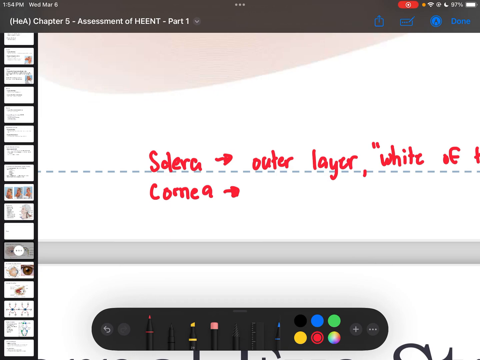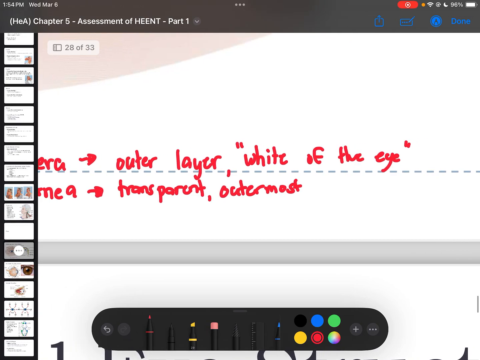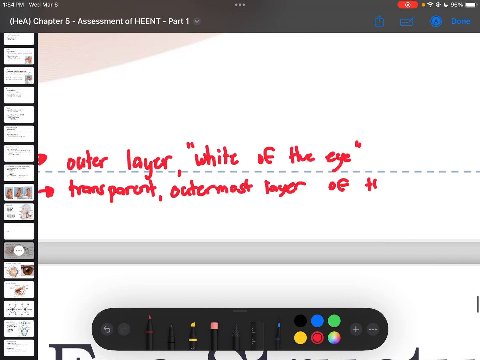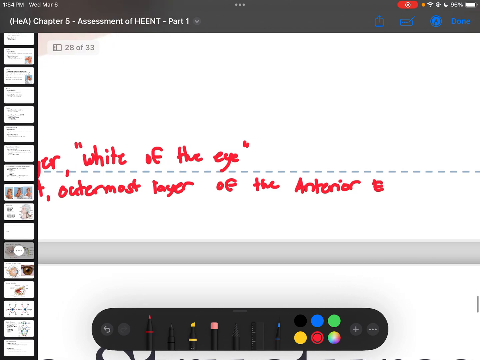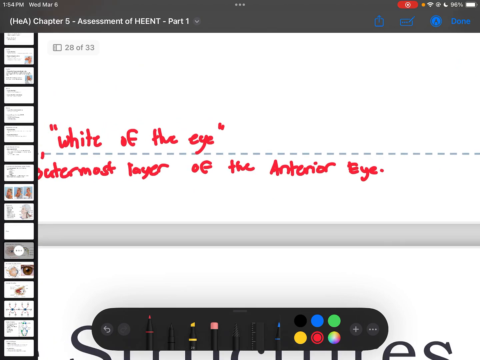The cornea is the transparent and outermost layer of the anterior or front of the eye. Anterior eye.